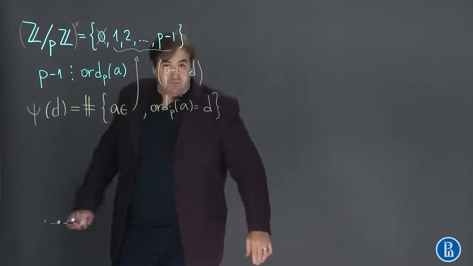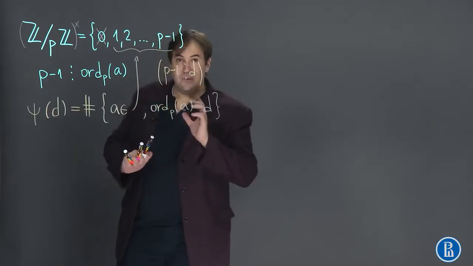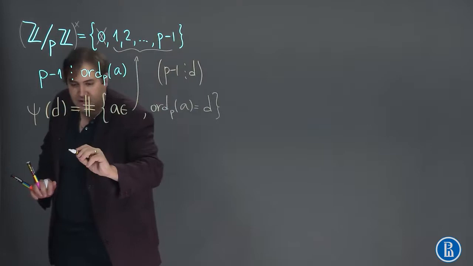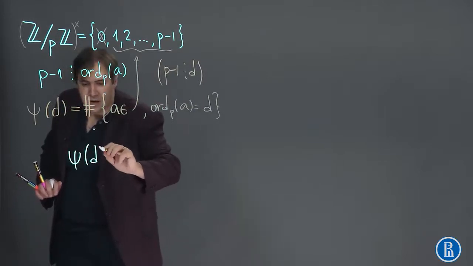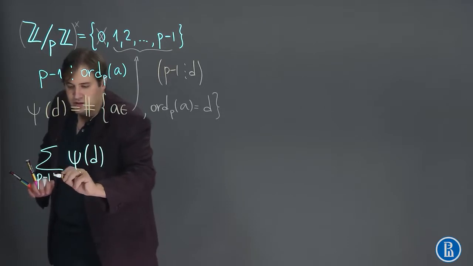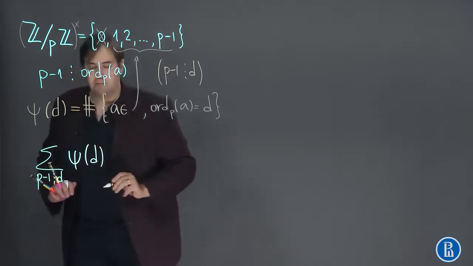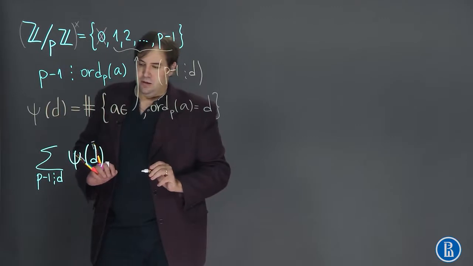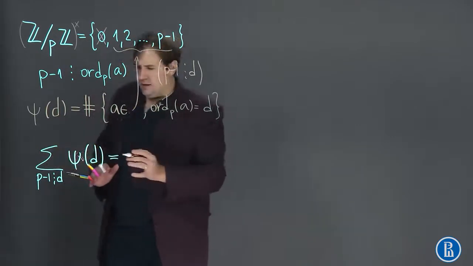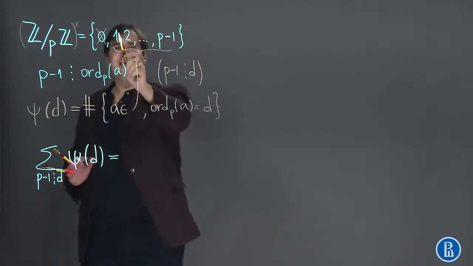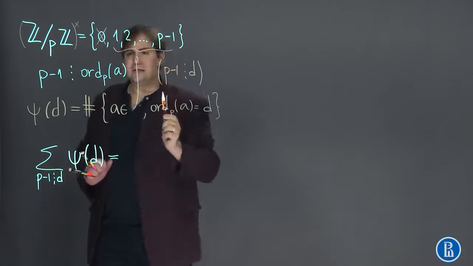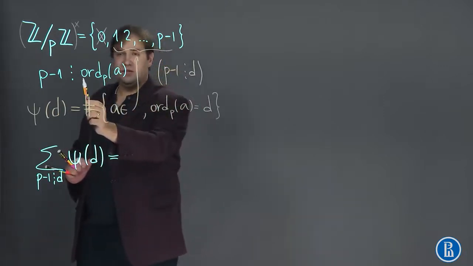Well, first, let's notice one obvious thing. If we take psi of d for all divisors of p minus 1, we understand that for any of these elements, its order is a divisor of p minus 1.